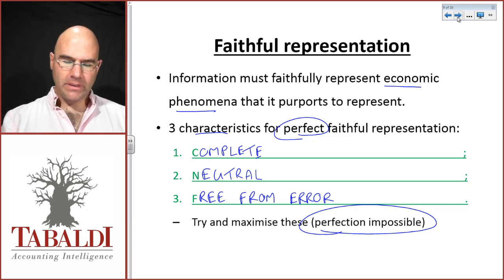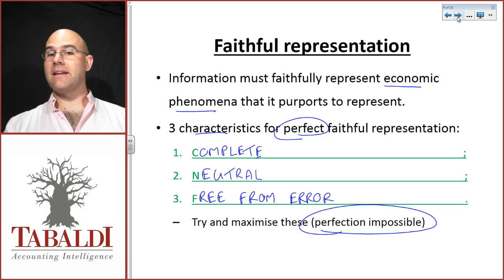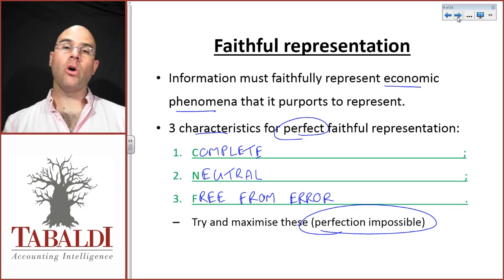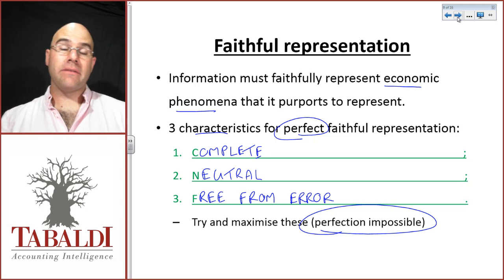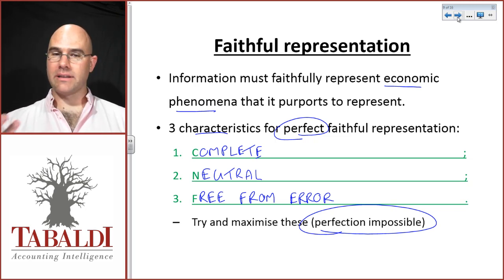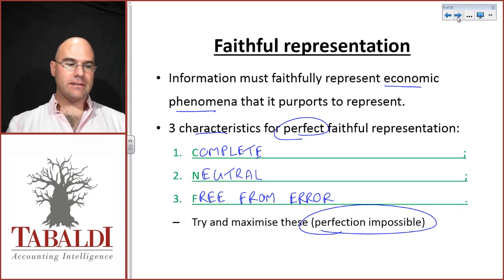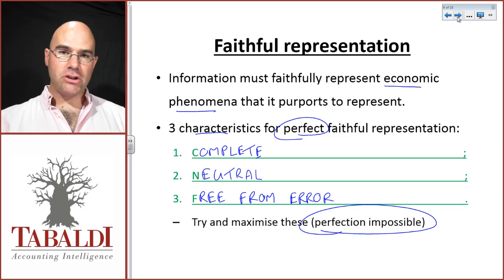Free from error does not mean accurate in all aspects. Okay? Sometimes I might have to do a valuation, okay, on an unlisted company where there's no observable inputs. Well, there, I don't have enough information to say if something is purely accurate, because it's a model, it's an estimate. But what free from error does allude to is that the information is given to the user that it's an estimate.